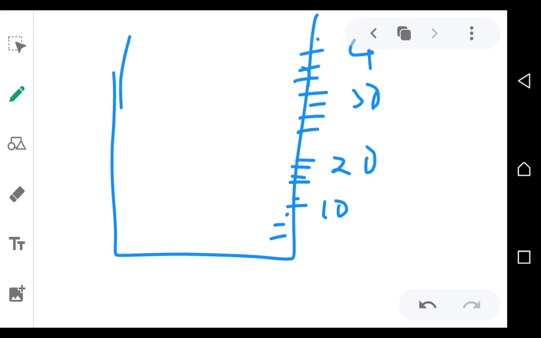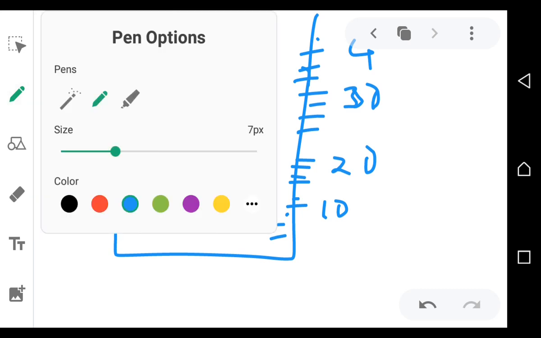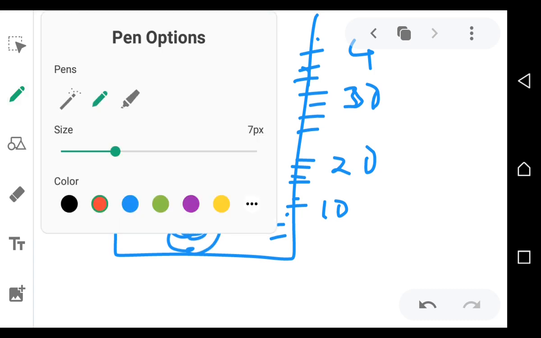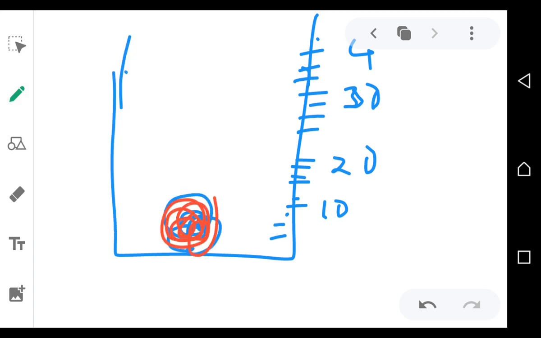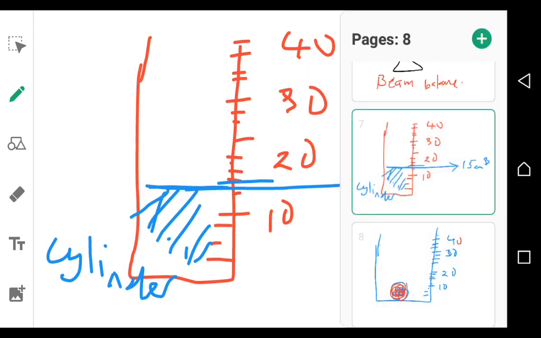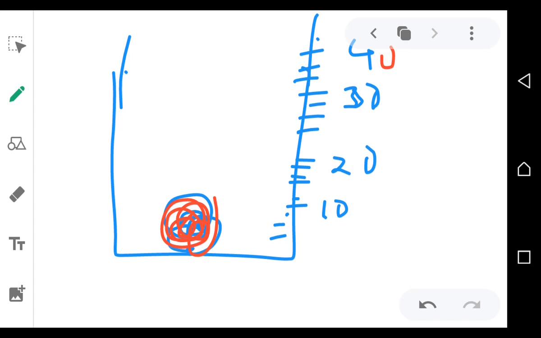You remember the water level was at 15. After dropping the stone inside, the water level rises to, let's say, 40.